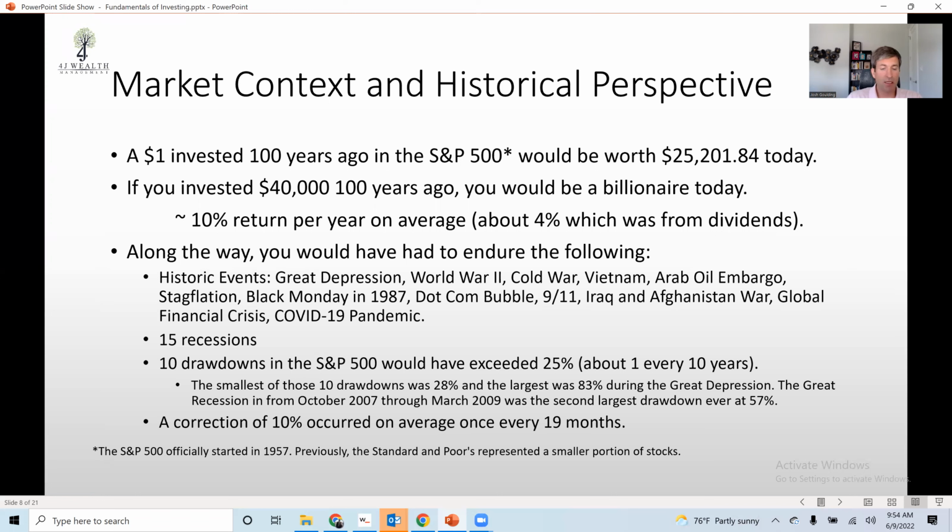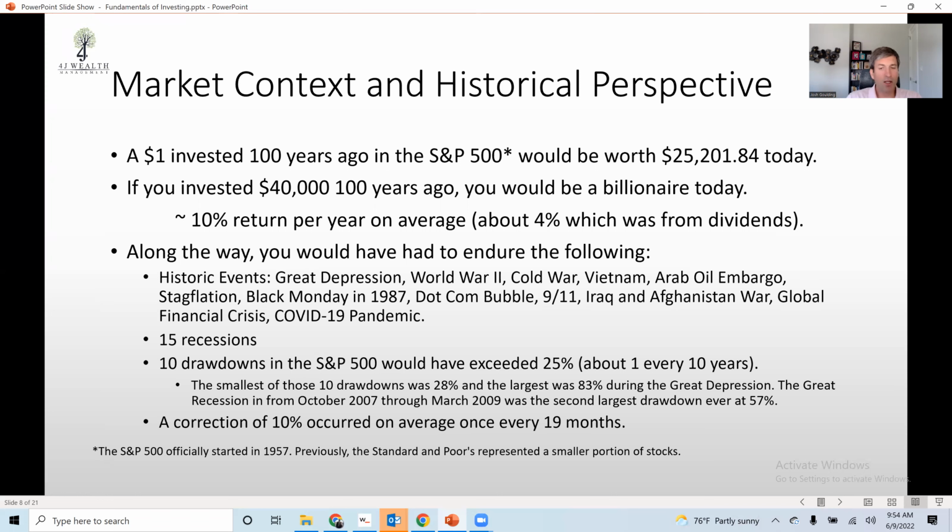The smallest of those 10 drawdowns that exceeded 25% was 28%, and the largest was 83% during the Great Depression. The Great Recession, which was probably the most recent salient event where we really felt, people were really thinking the world might end, occurred between October of 2007 and March of 2009. And that represented the second largest drawdown ever, which was a 57% drawdown.